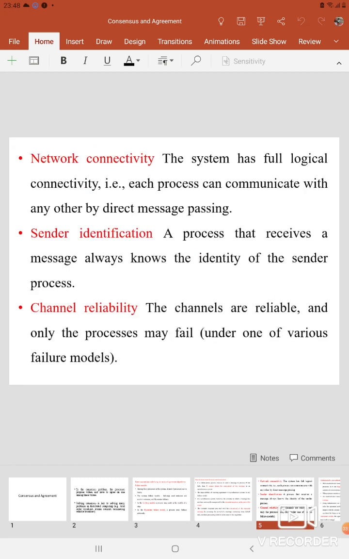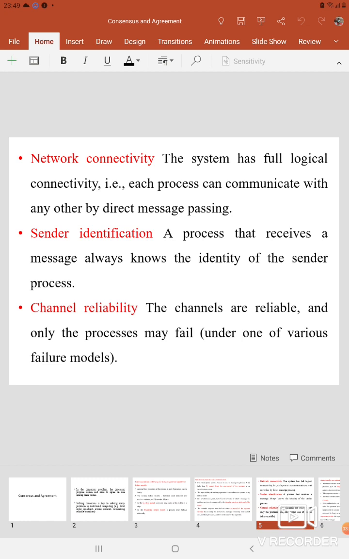And the third assumption is network connectivity. We are assuming that the system has full logical connectivity. That is, each and every process can communicate with any other process with the help of message passing. Another assumption is sender identification.